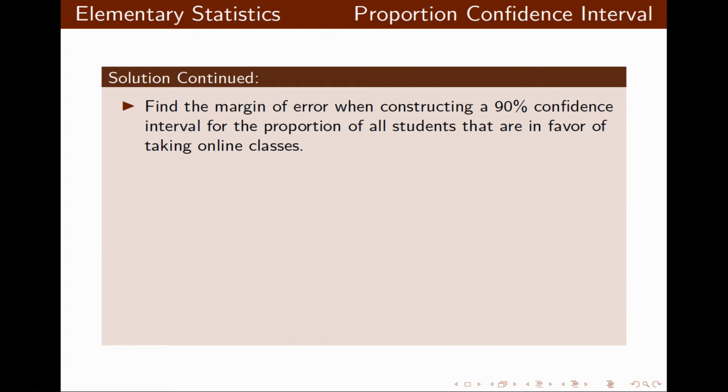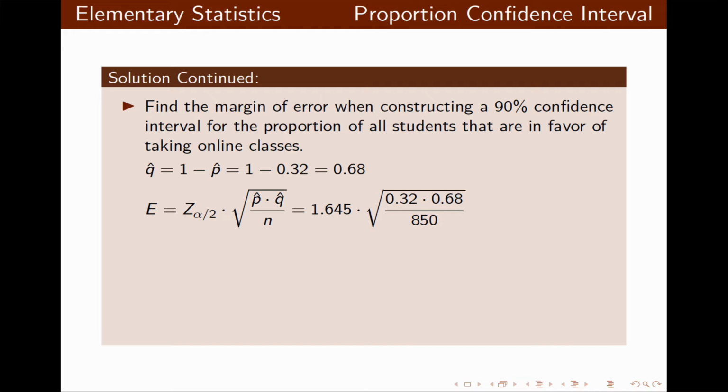To find the margin of error, we need q hat, which is 1 minus p hat. Now we have all the values we need to find the margin of error using the formula. Simplify.